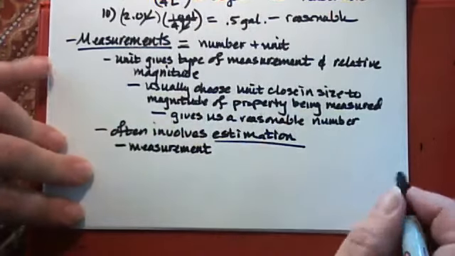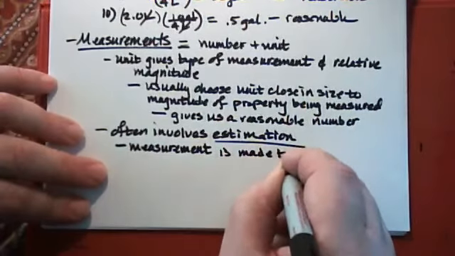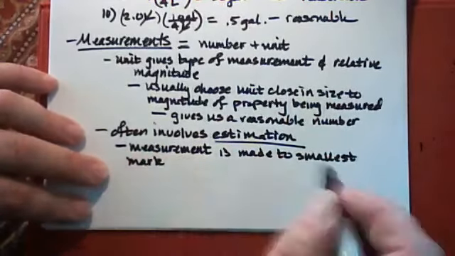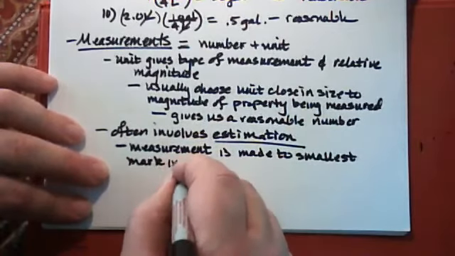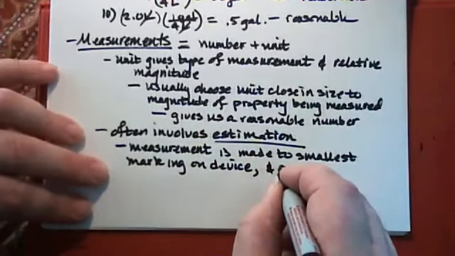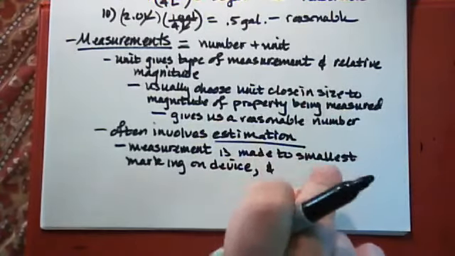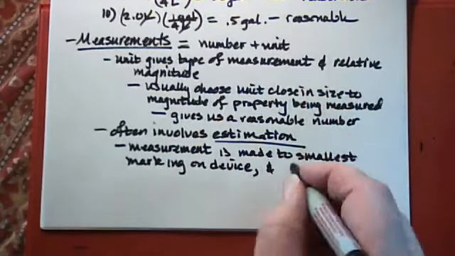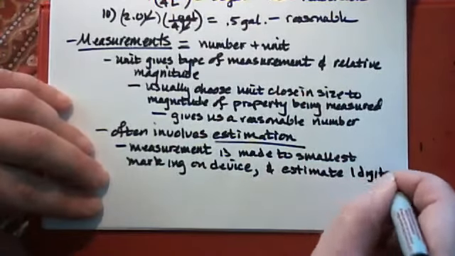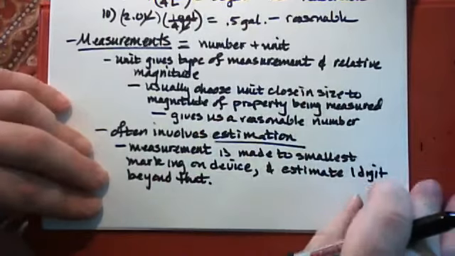Because for the greatest accuracy, what you normally want to do is measure an object to the smallest unit that's marked off on the measuring device, and estimate one digit beyond that.